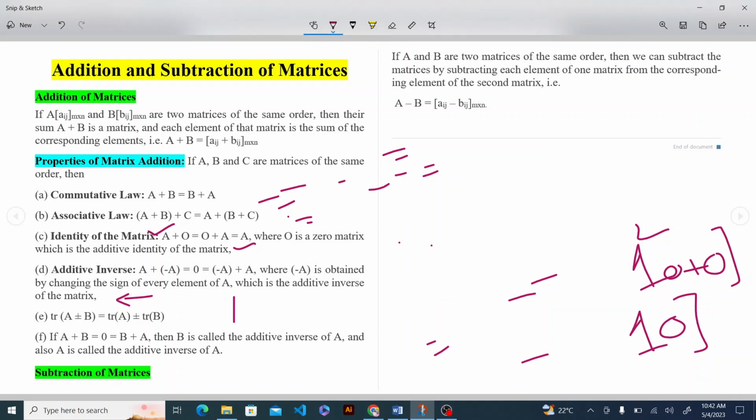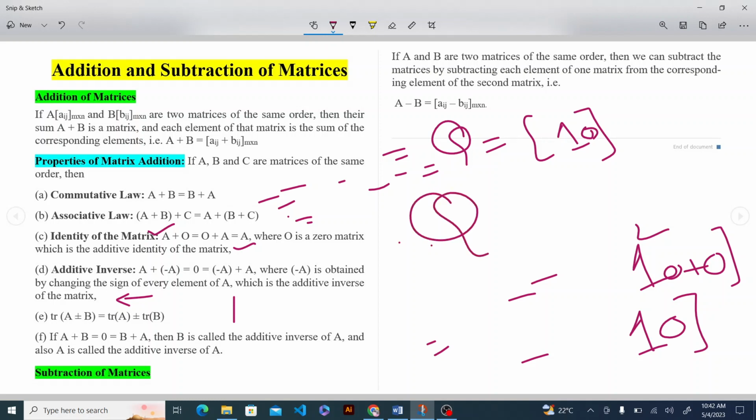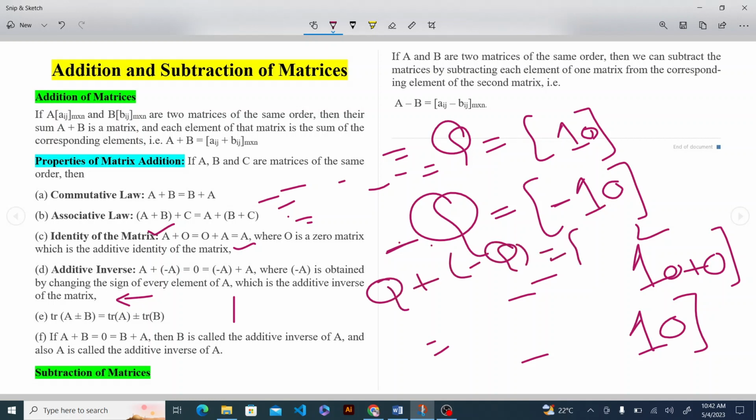So we have a matrix Q whose order is 1 by 1, because it has 1 row, 1 column, only one element, maybe 10. We convert this Q to negative Q, or minus Q, by changing the sign of the single element, that is minus 10. And when we add Q plus minus Q, then the answer will be what? 10 plus minus 10.